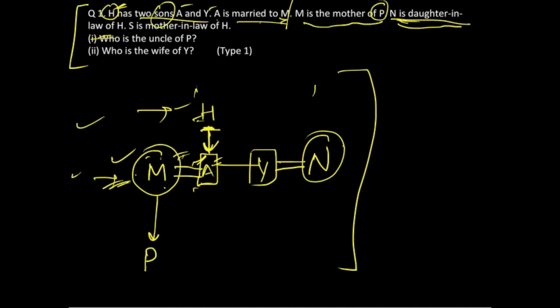And now the next step says that S is mother-in-law of H, right? So H should be married to someone, you don't know who, and they are going to have one parent, right? And since S is the mother-in-law, S is a female, so you will encircle it, and she is related to H in this particular way that she happens to be mother-in-law of H. Now the question which is being asked is, who is the uncle of P?